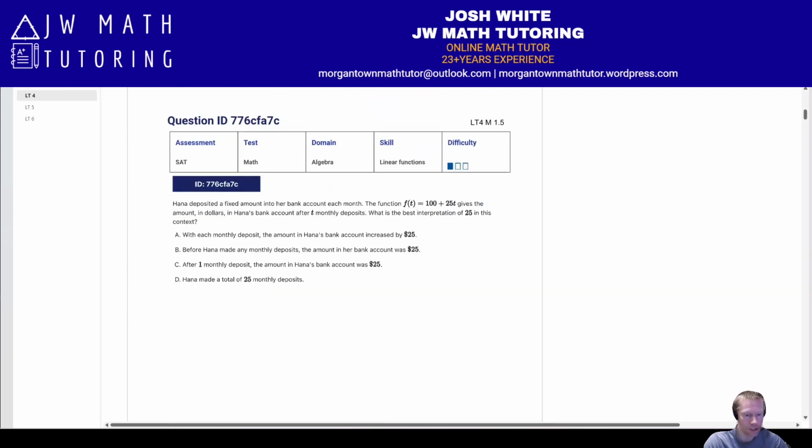Next up, it is question number 5. So here they give you this linear function, and you're basically asked to interpret what the number 25 means here. So notice T is the number of monthly deposits. In other words, T is how many deposits have been made.